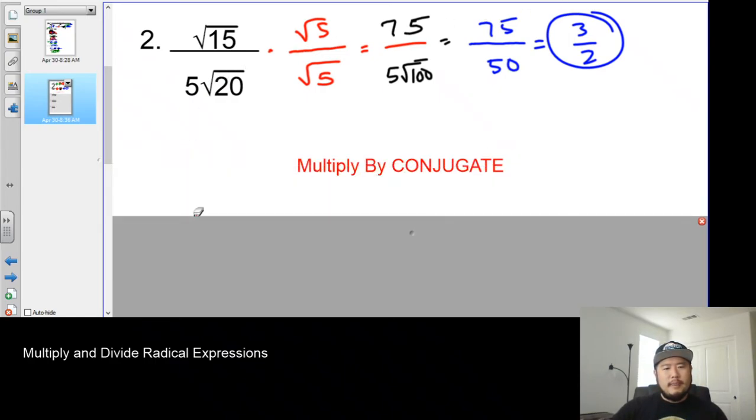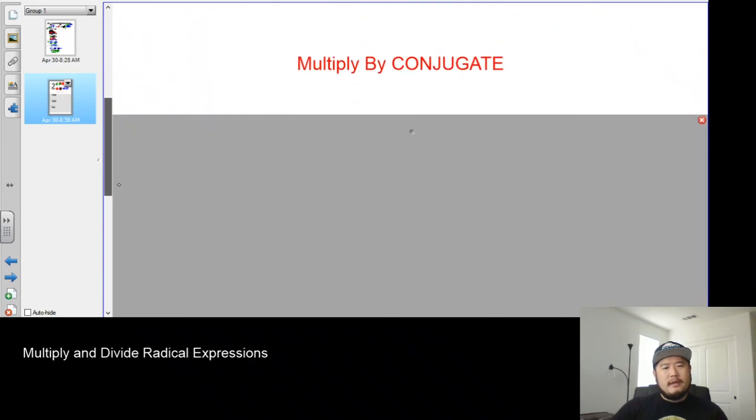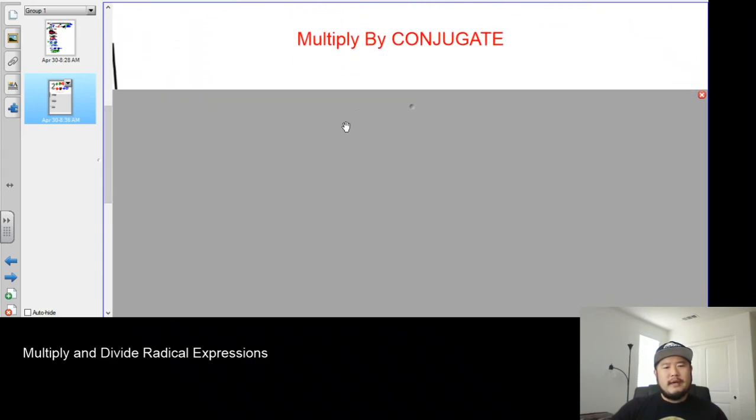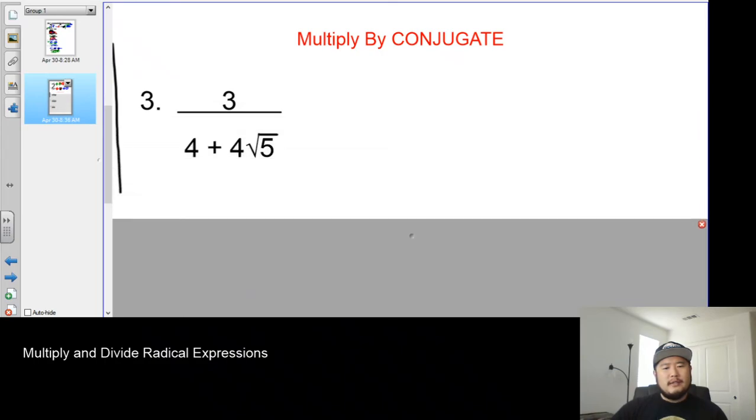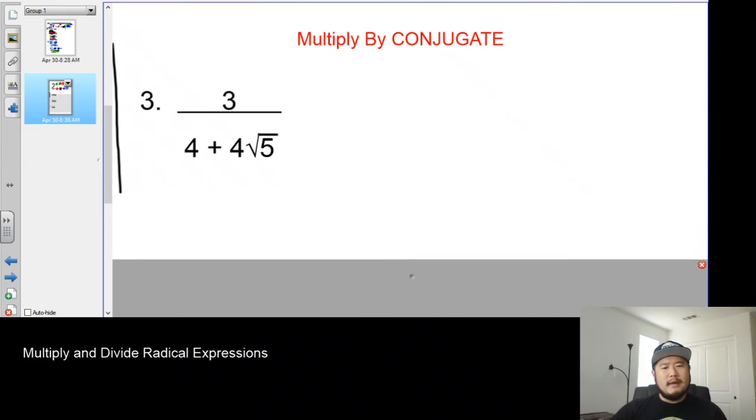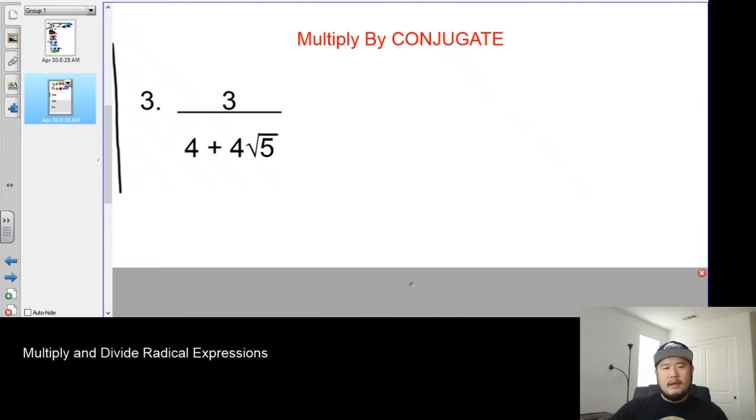Let's move along. Now, the last type of problem you'll see right here is where we're going to have to do this next step, what we call multiply by the conjugate. Because I have 2 terms in my denominator, you cannot just rationalize. It doesn't work out that way.